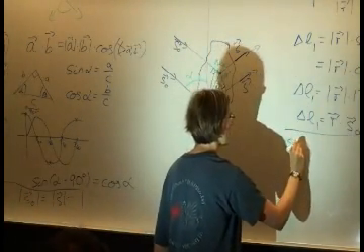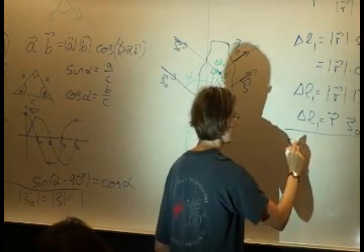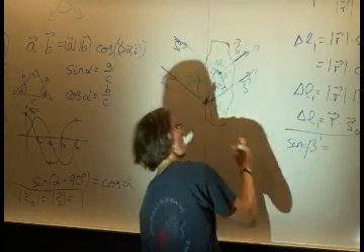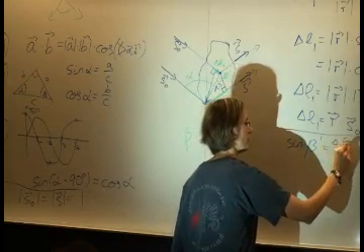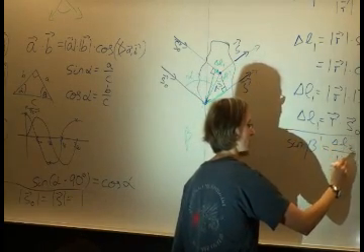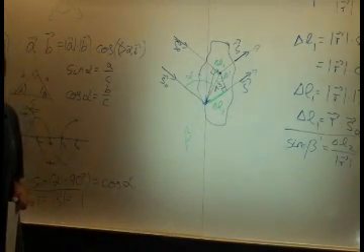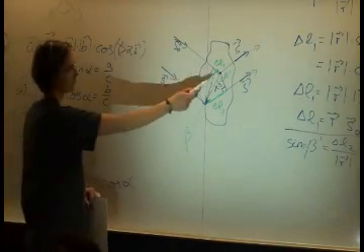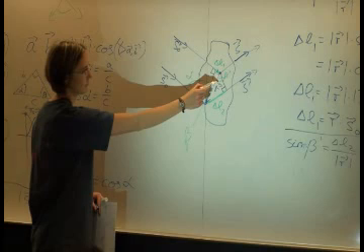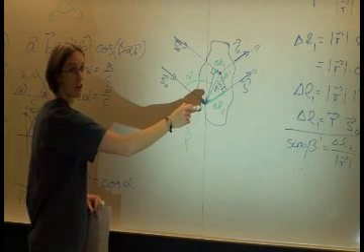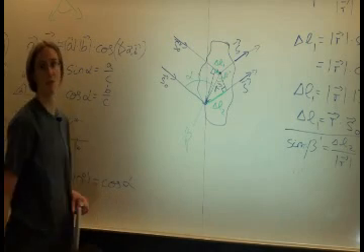The sine of beta prime is what? Delta L2, right? Divided by R. Sine of this angle is equal to the side across from it divided by the length of the hypotenuse.